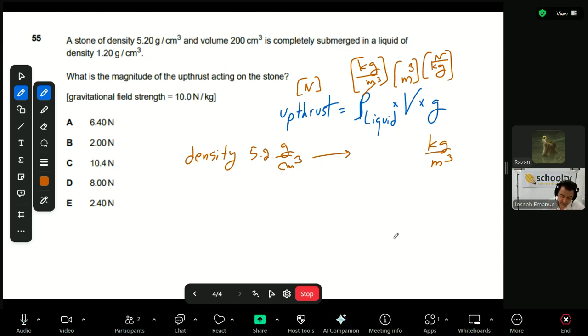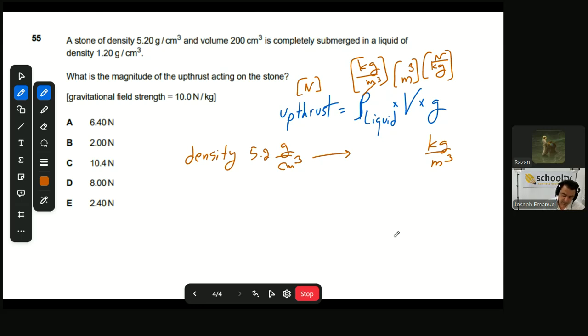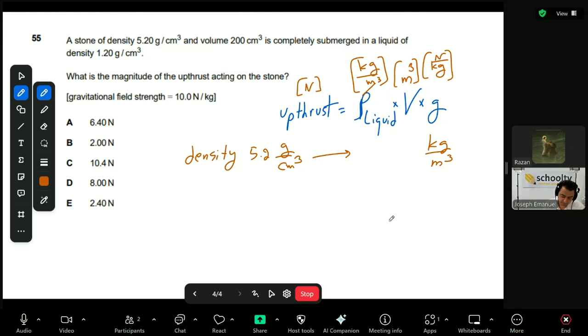Can we leave it like this if all of them are in the same units? No, because of the Newton. The Newton changes everything. Newton is F equals ma. This is the equation, this is a Newton, this is a kilogram, and this is meter per second square. So the Newton is the problem here.